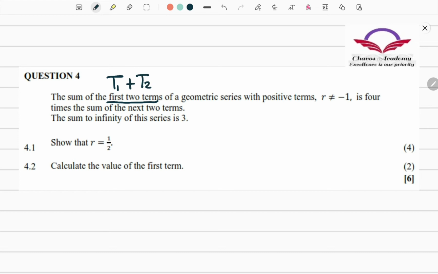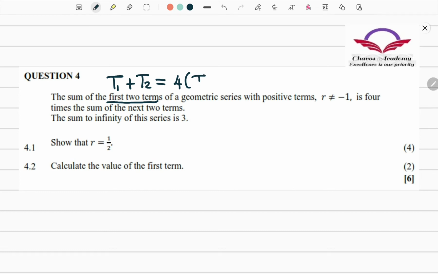The sum of the first two terms of a geometric series with positive terms, where r will never be -1, is 4 times the sum of the next two terms.